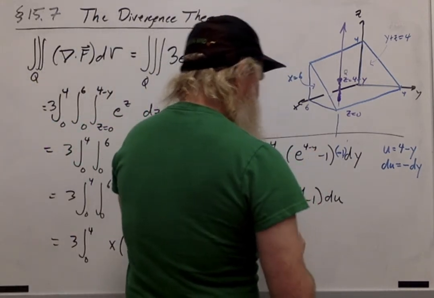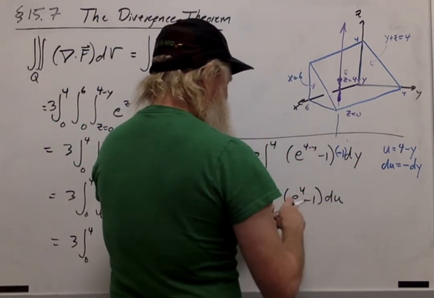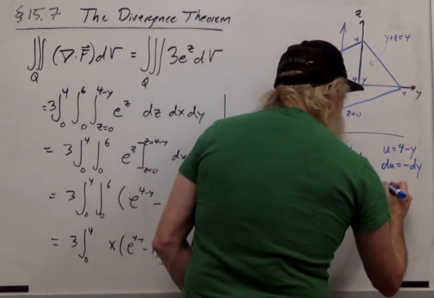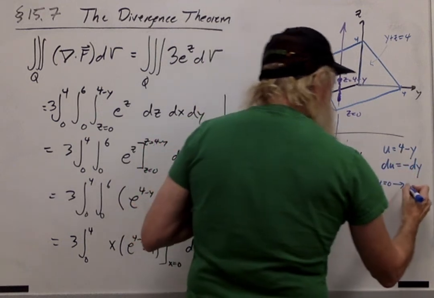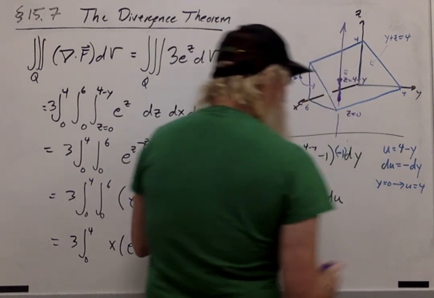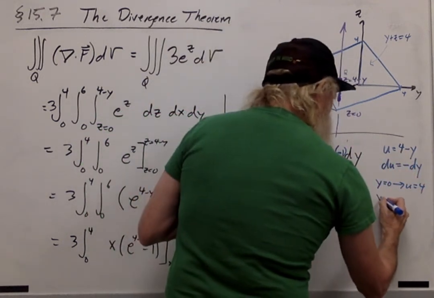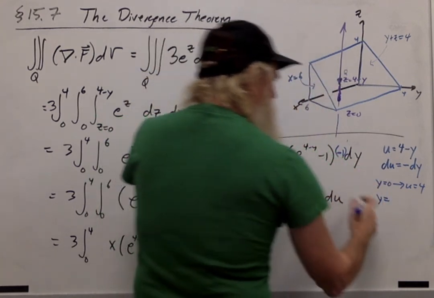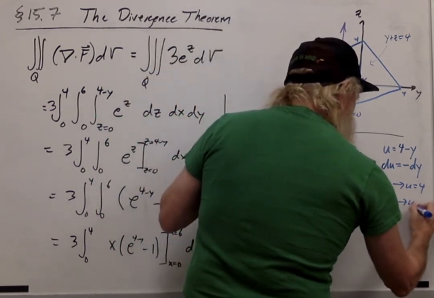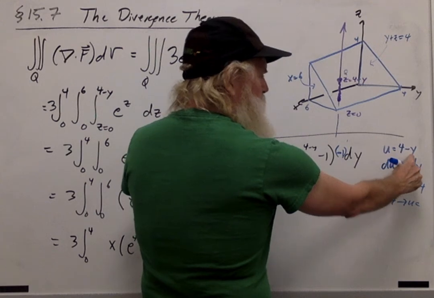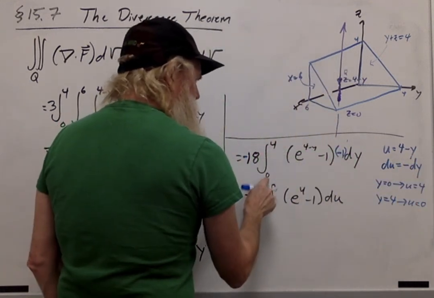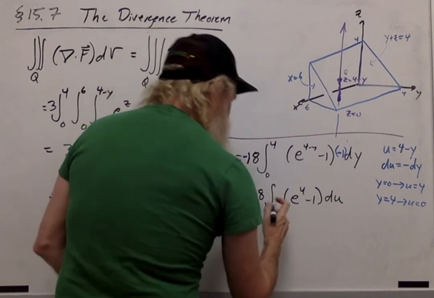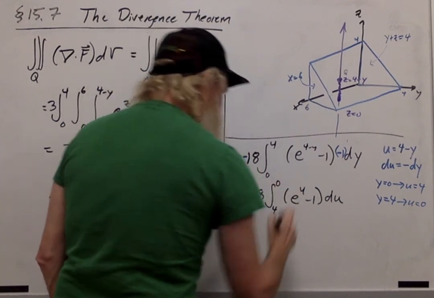And notice that when y equals 0, u equals 4, and when y equals 4, u is 0. So if y goes from 0 to 4, that's the same as u going from 4 to 0.